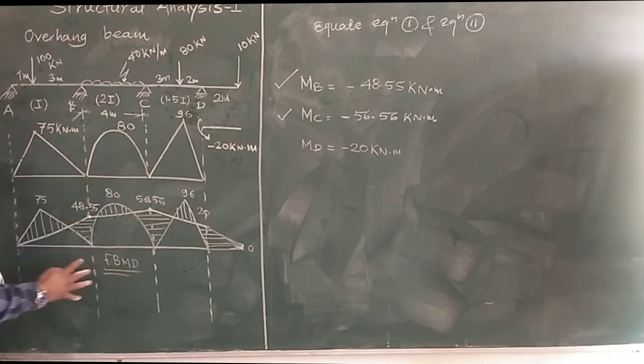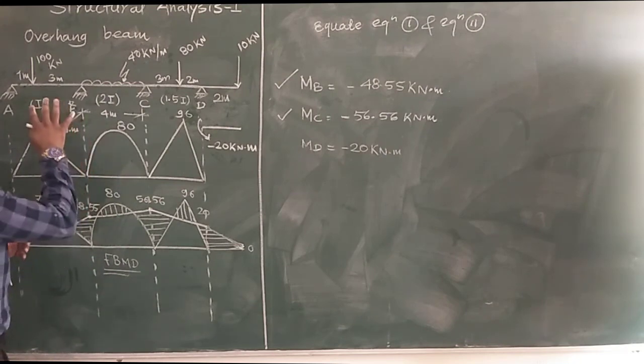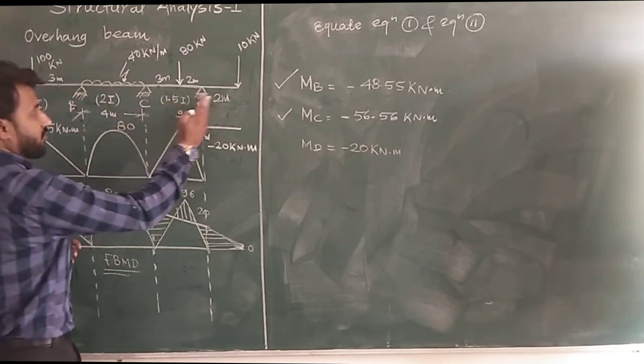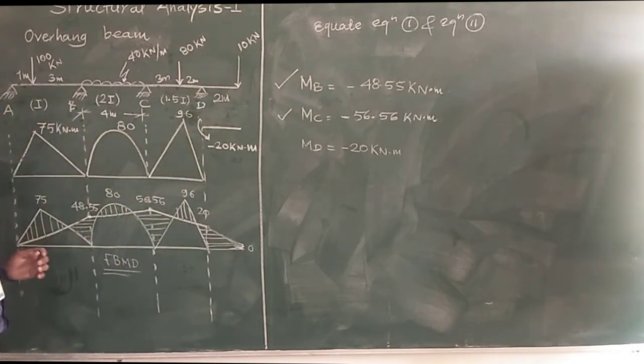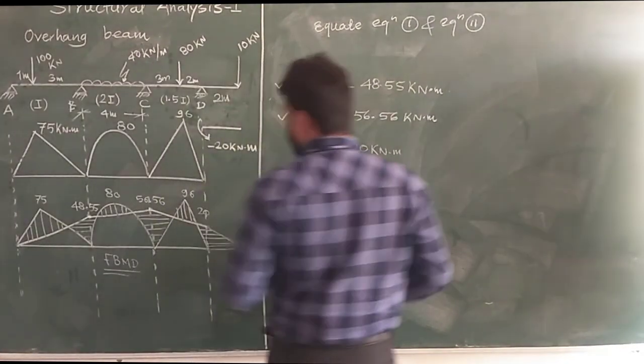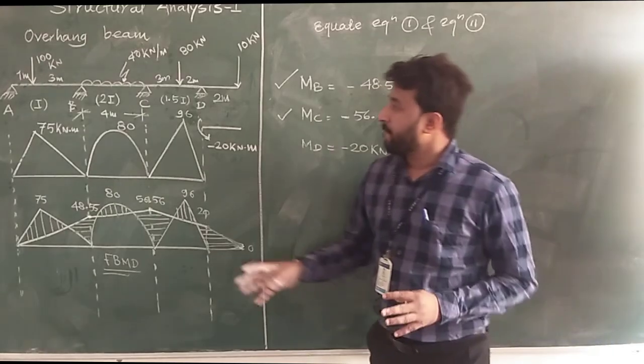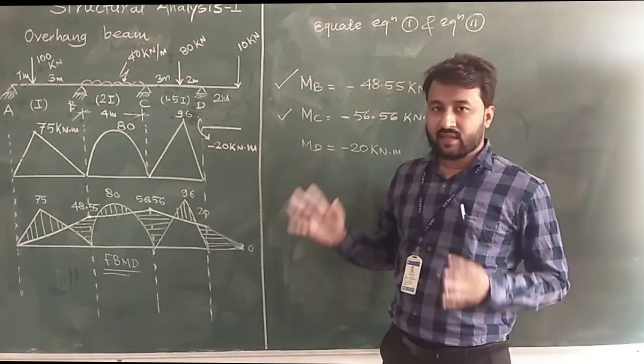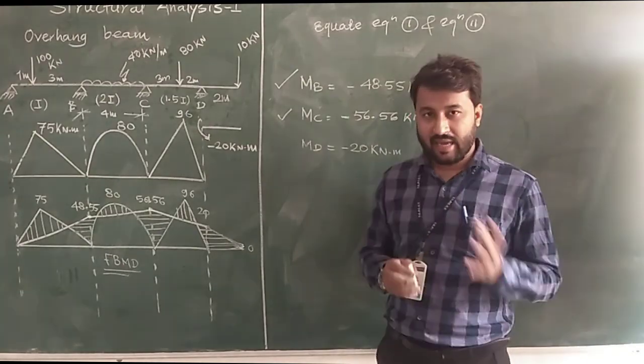Okay, so this is the end of this analysis of a three consecutive span beam consisting of one overhang portion by the three moment theorem. So friends, we have learned the analysis of three consecutive beams with Clapeyron's theorem.